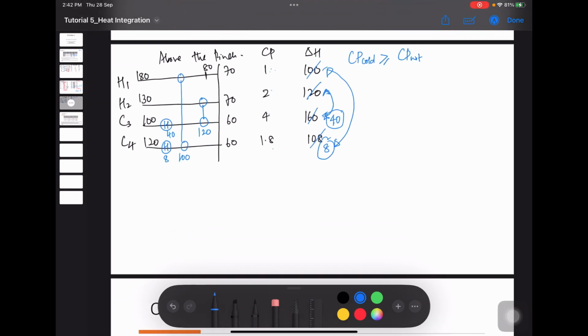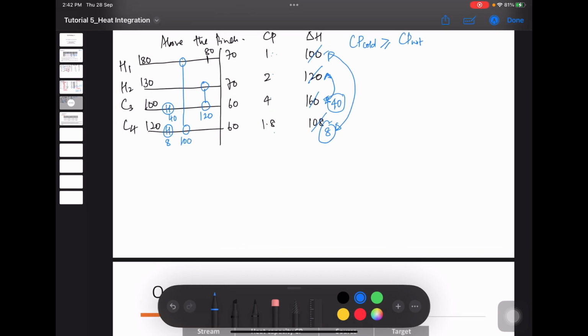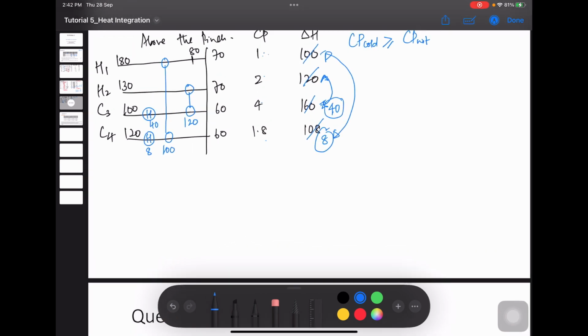Similarly, we have to perform below the pinch. Here our rule is Cp hot greater than or equal to Cp cold. Now, how many streams do we have?